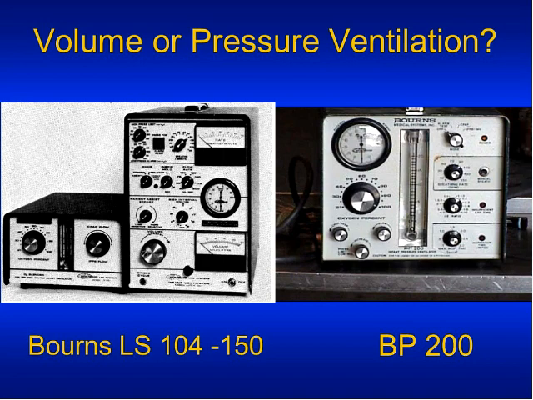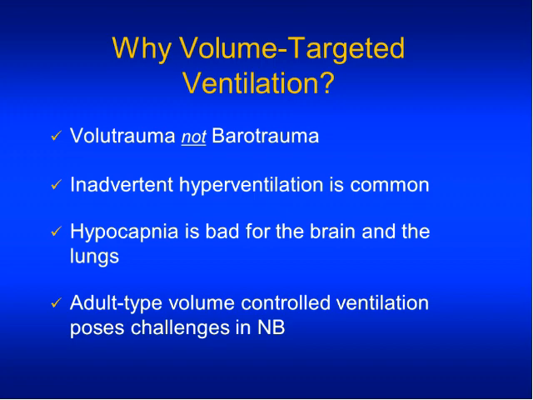The BP200 was a very simple pressure-limited device, and that is, in fact, what has become pressure-limited ventilation, pressure-controlled ventilation, has become standard of care for many years in the neonatal intensive care unit for a variety of reasons, including the ease with which it could be applied and the conviction that pressure is the primary cause of lung injury. And we'll try to convince you that that's in fact not the case.